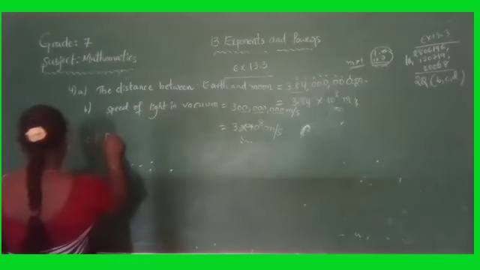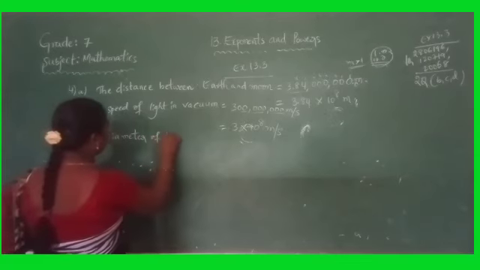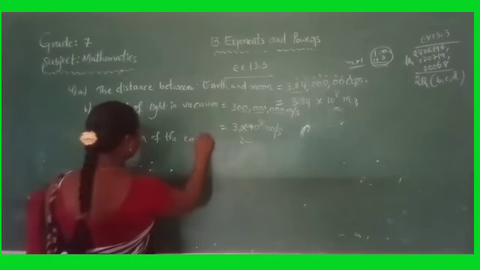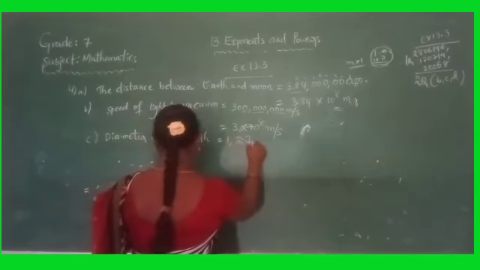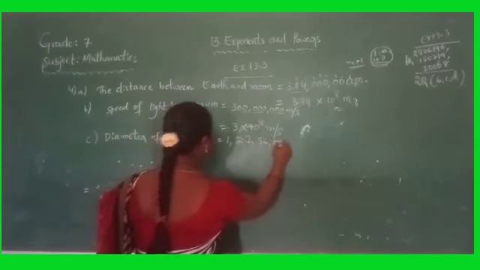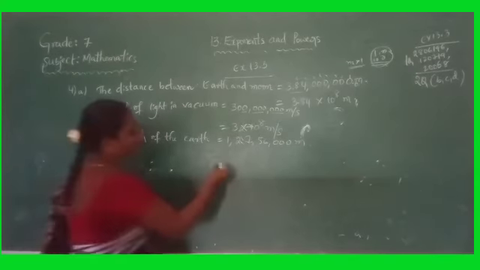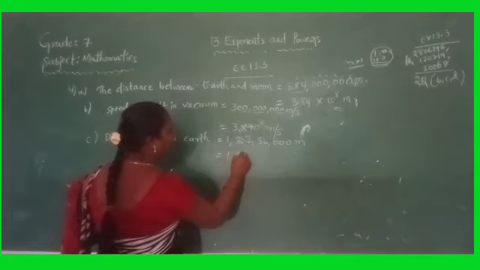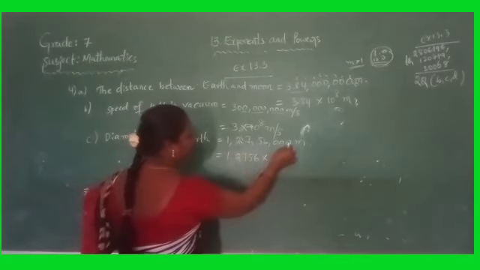C, diameter of the earth. Diameter of the earth, that is 12756000 meters. So what is the diameter? Here, see, 1.2756 into, tell me, 1, 2, 3, 4, 5, 6.